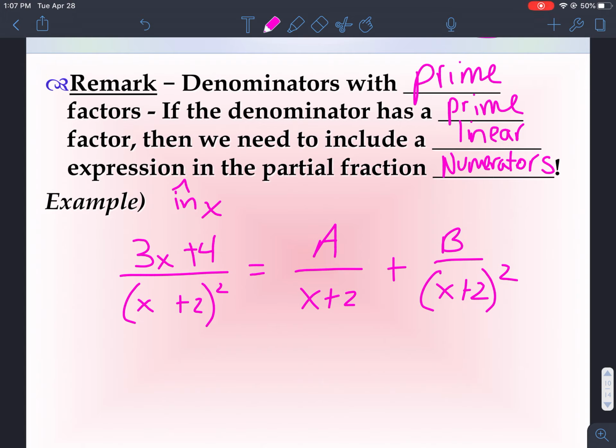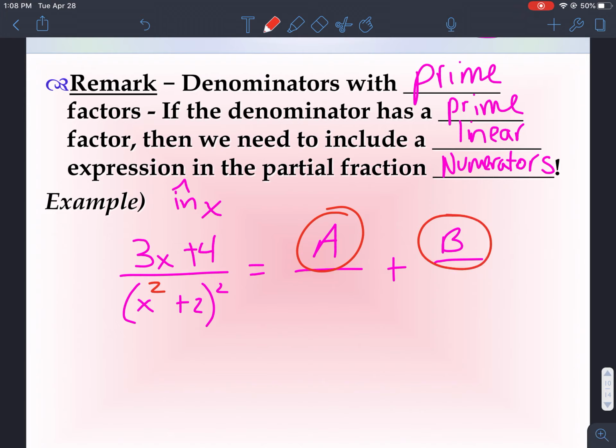The problem is, when we get that squared in there, this is now a quadratic. It's a quadratic that we can't factor. So our numerators are no longer constants. We have to make them linear. So we're always sort of trying to go one power down with the numerator.